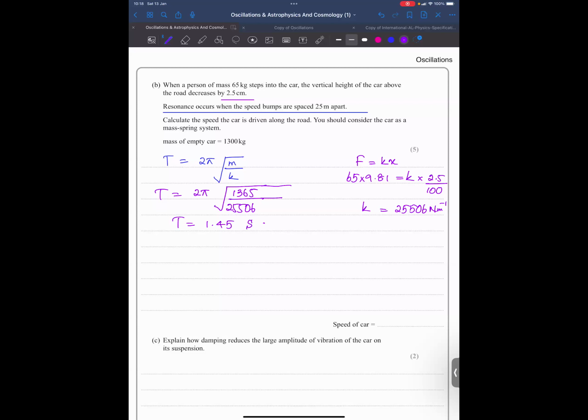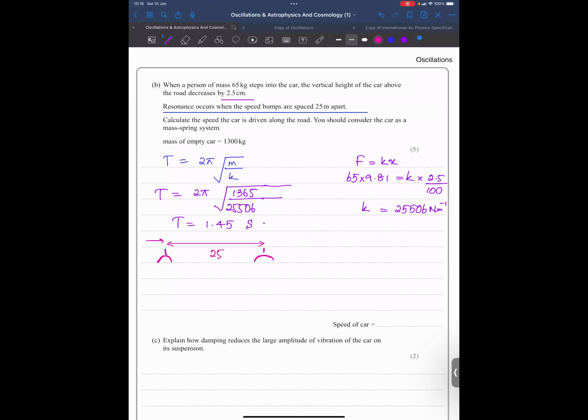The mass of the empty car is 1,300 kilograms, and k is 25,506. You get the time period to be 1.45 seconds. Now there are speed bumps. One is here. The other one is at a distance of 25 meters apart.